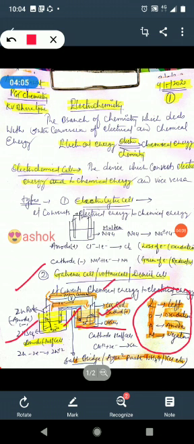It is for the galvanic cell only, because in the electrolytic cell we have seen that the anode is positively charged and the cathode is negatively charged. But in the galvanic cell, the anode is negatively charged and the cathode is positively charged. So you must learn this word LOAN, which means left, oxidation, anode and negative.